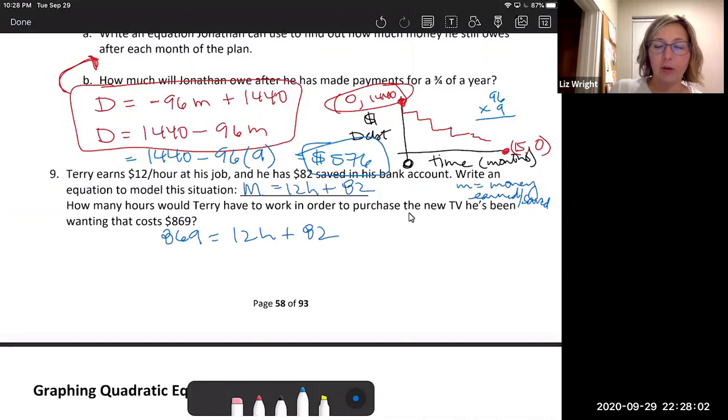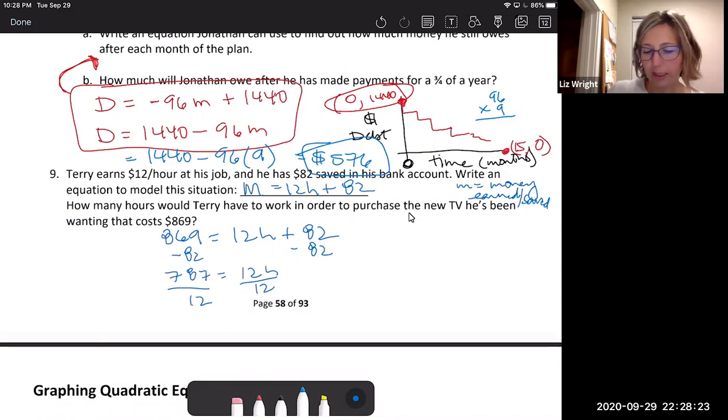As you're solving that, you should be bringing the 82 over and then dividing by 12. So if we bring our 82 over, we should end up with 787 equals 12H. Now divide both sides by 12.